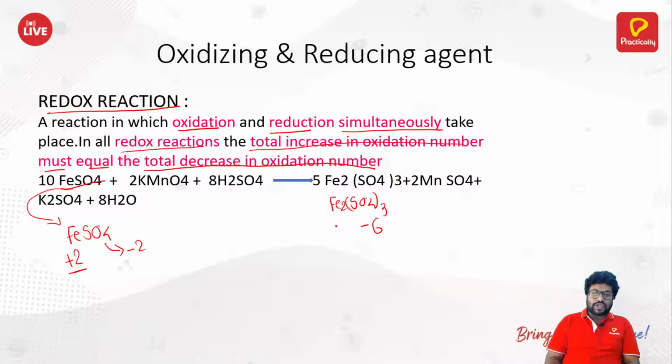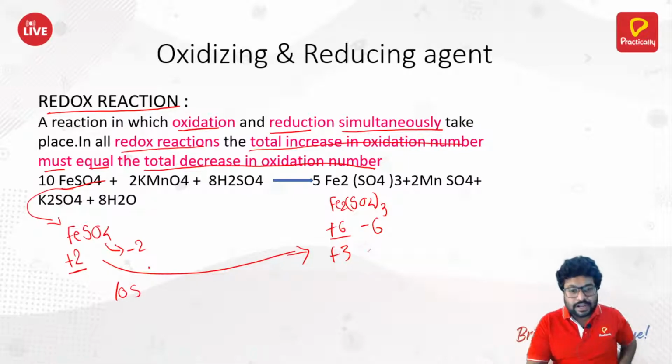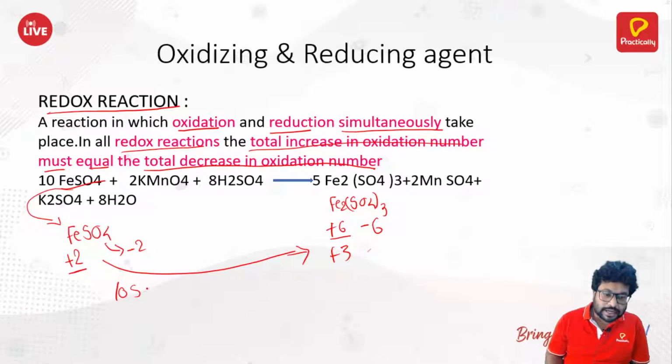Charge on 2 iron atoms is +6. Each iron atom is +3. So basically your iron has come from +2 to +3. So each iron atom has come from Fe +2 to Fe +3. And how many total Fe atoms do we have? Total 10. That means the loss of electrons here is 10.